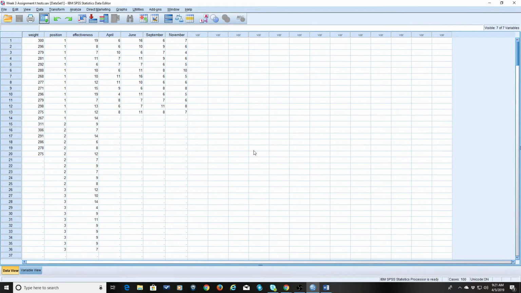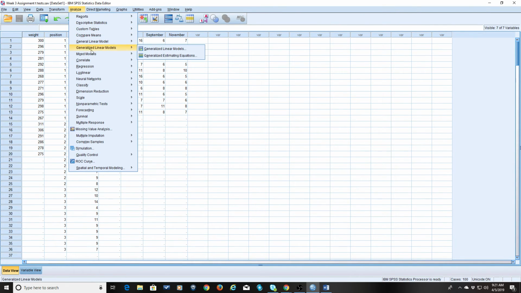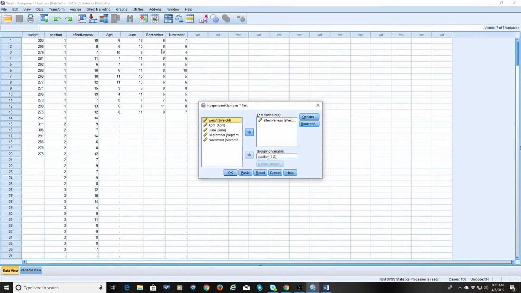So the next assignment says, okay, now compare the managers and the executives. You do the exact same thing. Let's go to Analyze, Compare Means, Independent Sample, and let me start all over. All right, just to review.